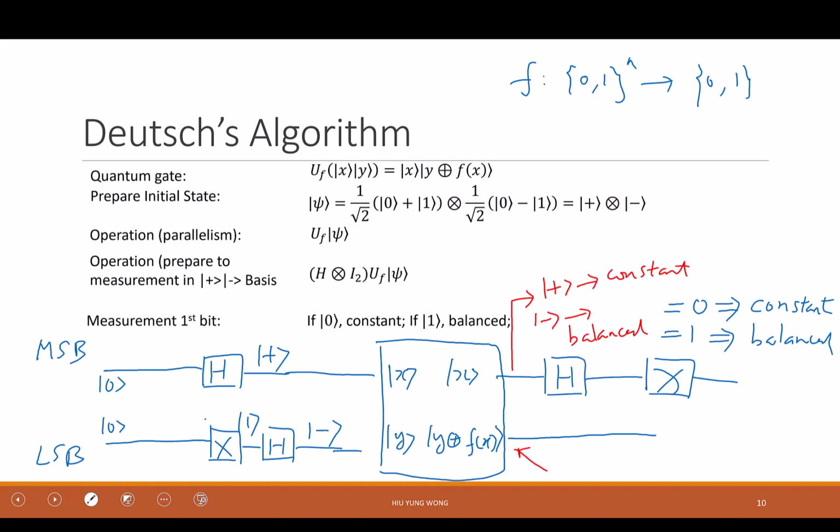It's the same as I do a Hadamard gate and then measure in the 0, 1 basis. Right? Because plus equals Hadamard gate applied to 0. Remember this? Plus equals Hadamard gate applied to 0. Remember that Hadamard gate times Hadamard gate is the identity gate, right? So they are almost the same. Apply Hadamard gate to plus is equal to 0.